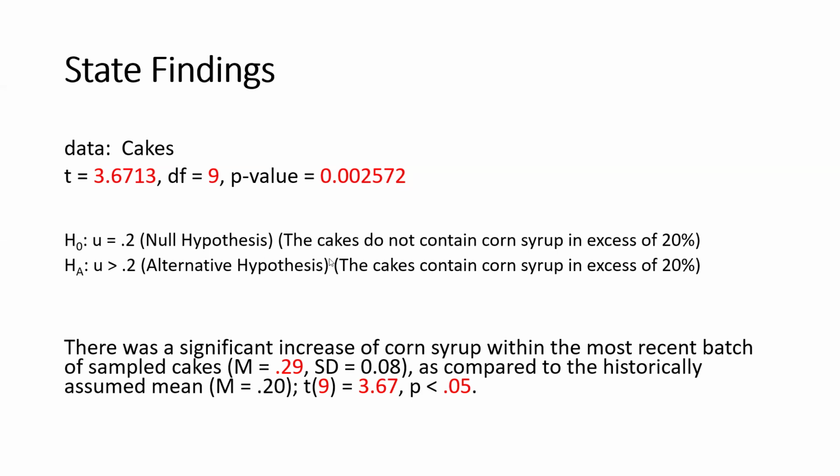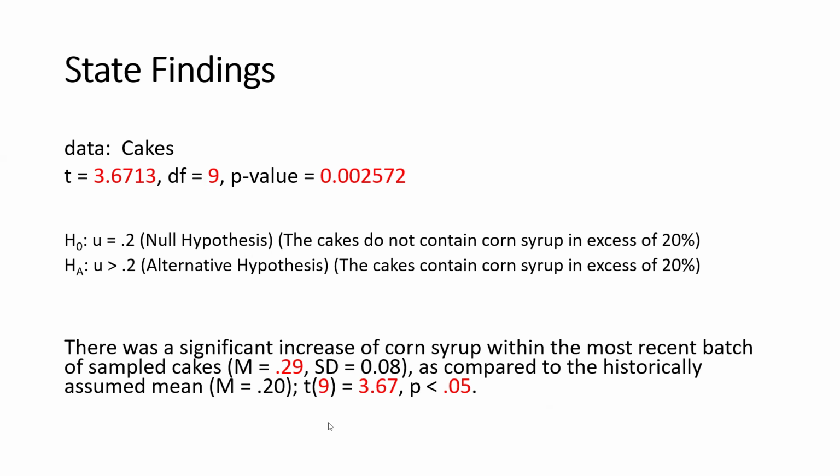So we need to write this out in APA format. There was a significant increase of corn syrup within the most recent batch of sample cakes. Mean, this is from the t-test output. Standard deviation, that's from the output which we generated from the active data set step. As compared to the historically assumed mean, that's the mean that was given to us, 0.20.